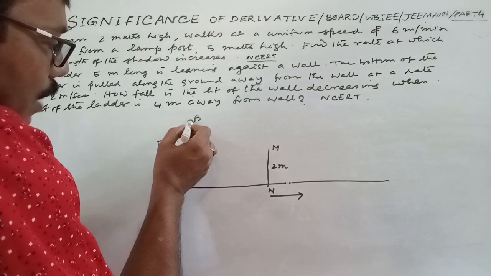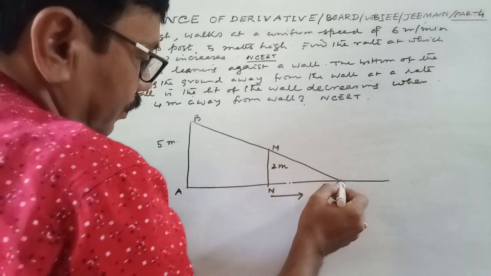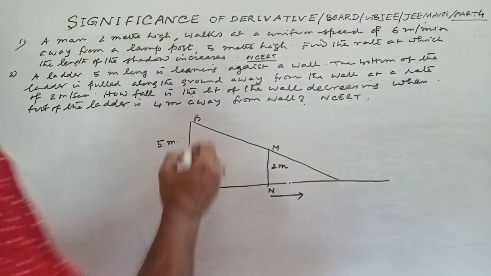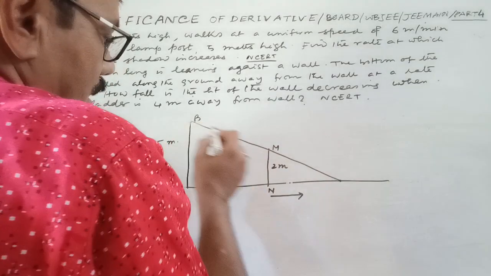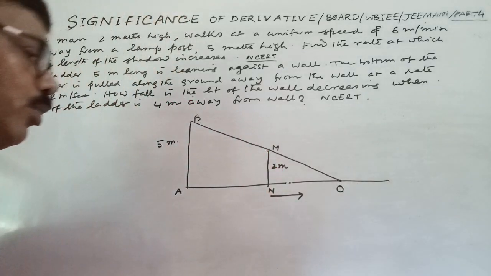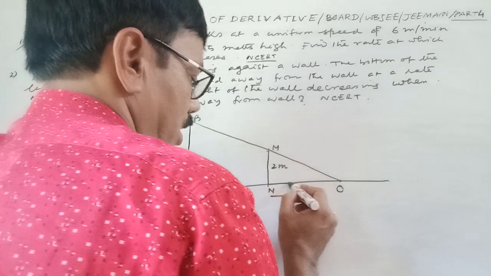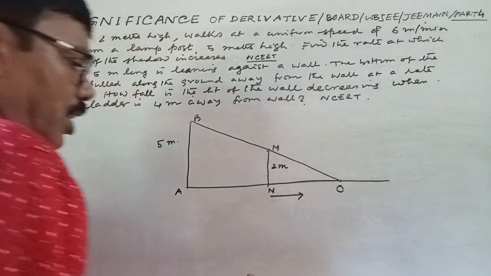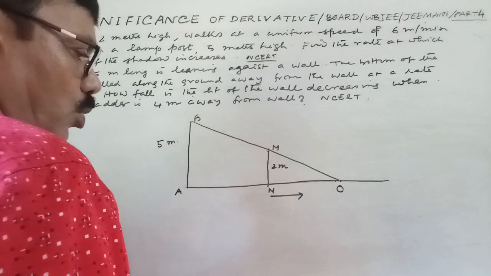So join BN and extend BN; it meets the horizontal surface at O. So what is NO? NO is the length of the shadow. It will be on the road opposite to the lamp post.